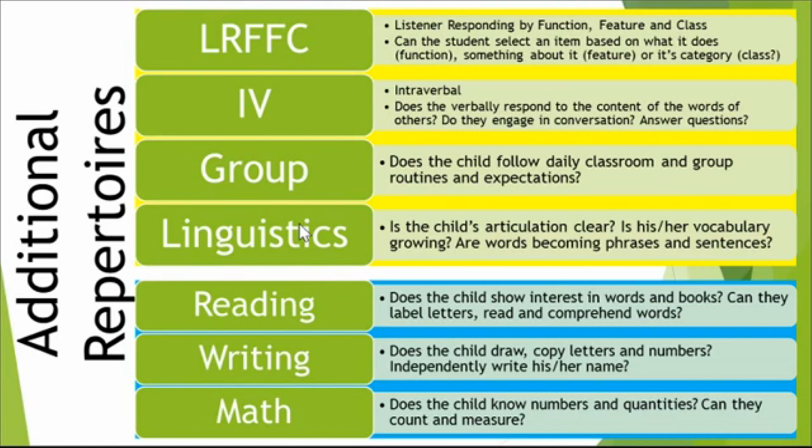So if we think back to the first milestone, they were able to emit two mands, maybe requiring some prompts, by PECS or their vocal or their sign. This learner isn't really asking for anything, or the only way that they are able to ask is by looking at something.